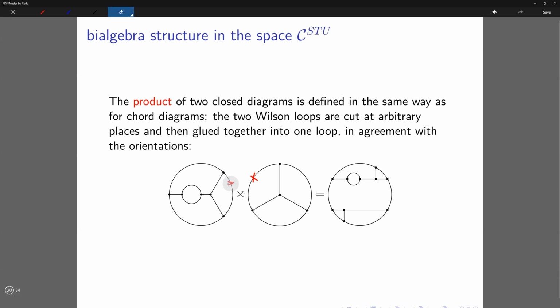I think so. Actually, if you mod out by the STU relation, where you cut is not related. It does not depend on which place you cut, and the product of chord diagrams you can see as a special case of the product of two closed diagrams. These two products are actually the same thing.